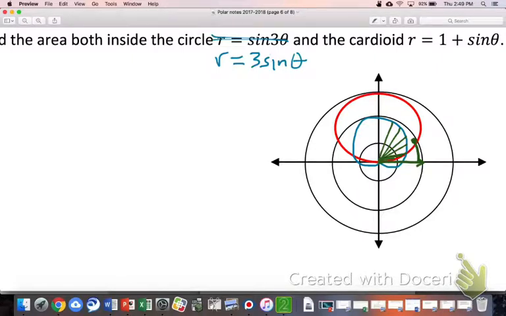So as we come up to here, the cardioid is still telling the radius how long to be. And then once I get to this intersection point, now that little chunk that I haven't filled in yet, and I'll fill it in right now, isn't this determined by the circle?